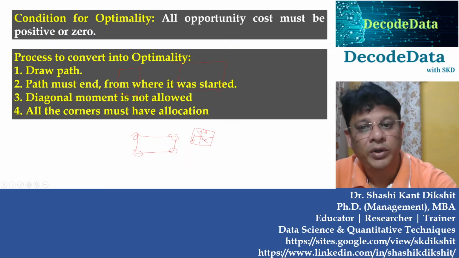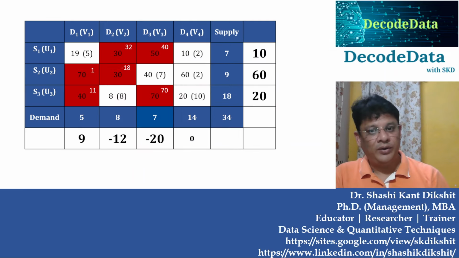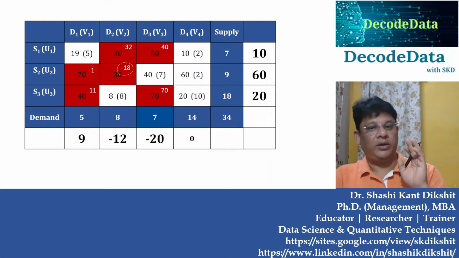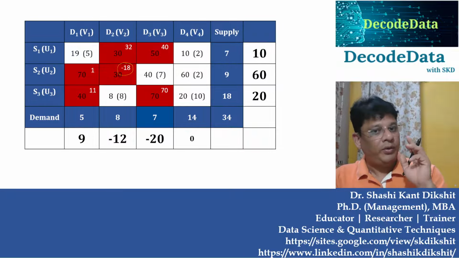Now let's move on to the matrix again. This is your matrix, and in this matrix we have one cost, 18, that is negative. So this is the cell where we have to allocate. From this particular cell, we have to draw the path.